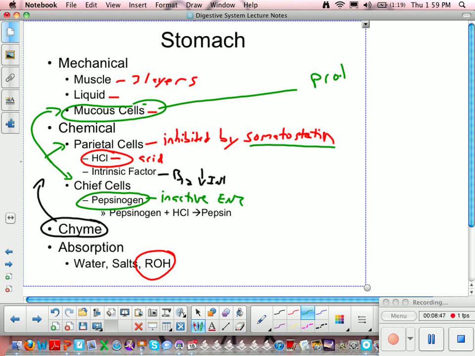Otherwise, we would actually eat our stomach away with the acid. Sometimes we get a bacterial infection in our stomach, and it can actually cause those mucus layers to break down, and then we get injuries to the stomach wall from the acid.